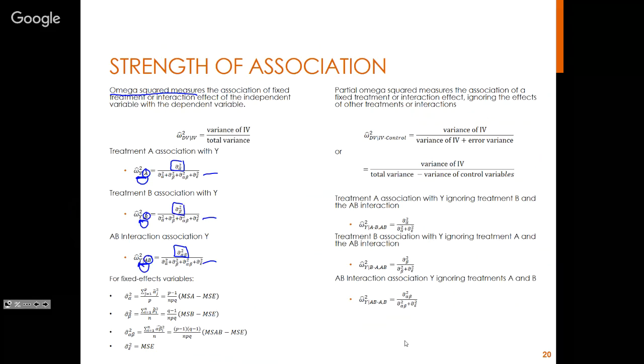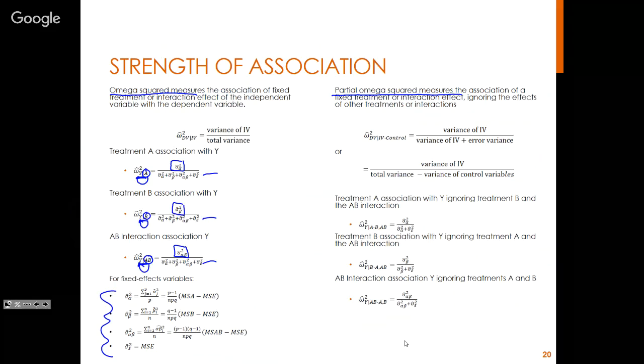And for the sigma squareds that you see, we have these equations that we can pull from our ANOVA table in terms of mean squares. These partial omega squareds are the association of the different components when we ignore the other parts. Because we can do that, because we know what effect and variability factor B has.